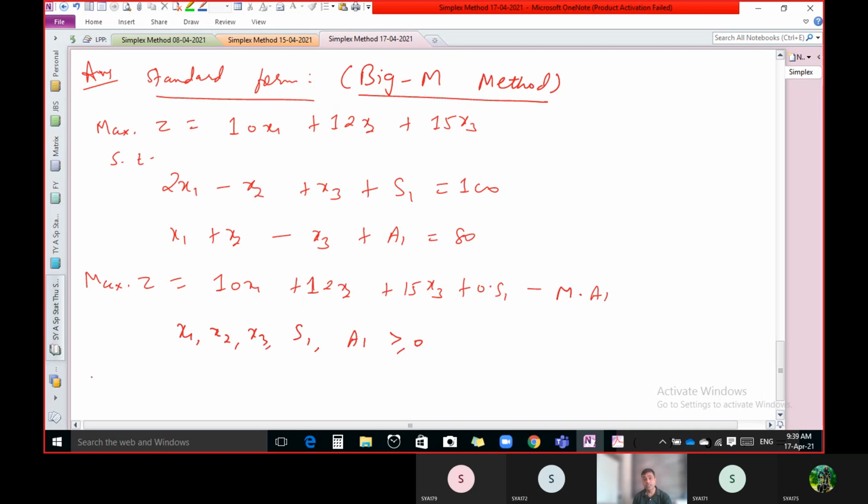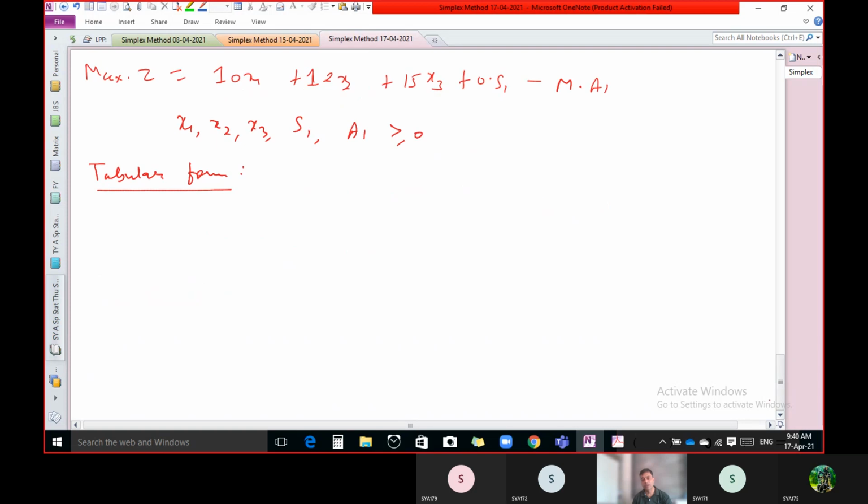Now let us start the tabular form. Nothing is new, nothing is different compared to the simplex method. First step, basis, CB, XB, here you have to write Cj, X1, X2, X3, S1 and now A1.